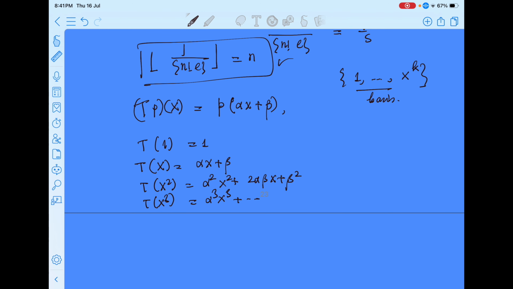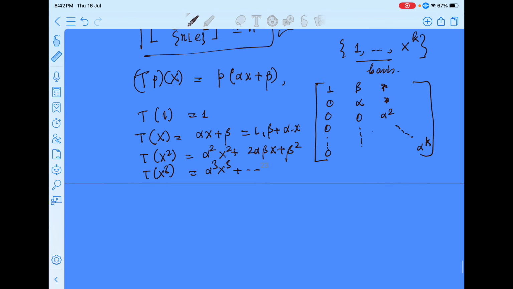So we only need the leading coefficient, because if you look at the matrix representation of this linear transformation, the matrix will look like this. T of 1 is 1, so 1 0 0 0 0 0. Second, alpha x plus beta is 1 times beta plus alpha x. So x is the second basis element, so this is beta alpha 0 0 0, and the next one is something, star and alpha squared.